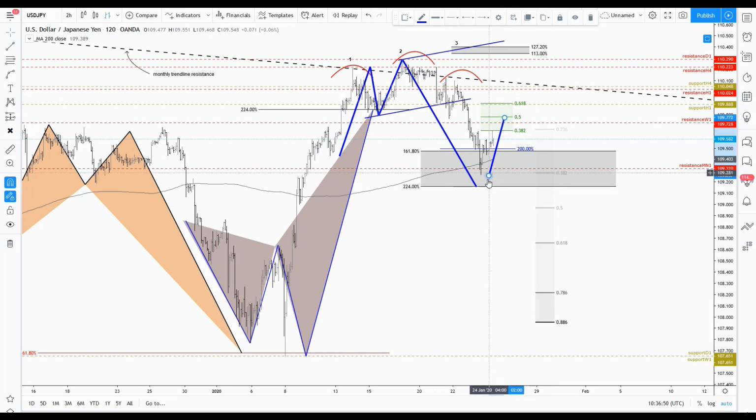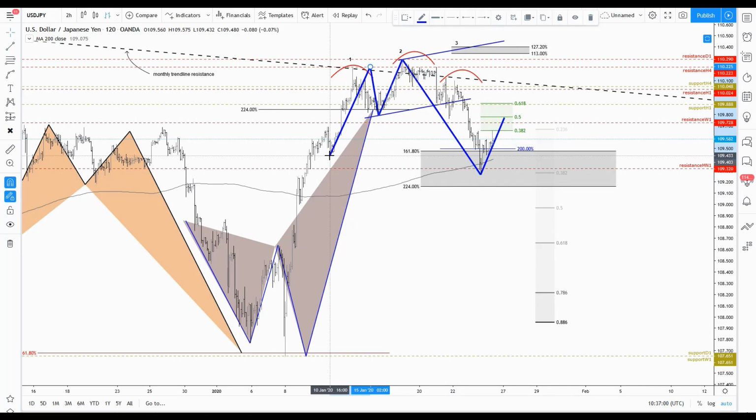5-0 sequence. If the market decides to trade the 50% fib, pay attention to more downside momentum for the dollar versus the yen. So we are talking about the bullish shark pattern, which tends to give sequence to the bearish 5-0 pattern at the 50% Fibonacci retracement, the default target for the pattern.